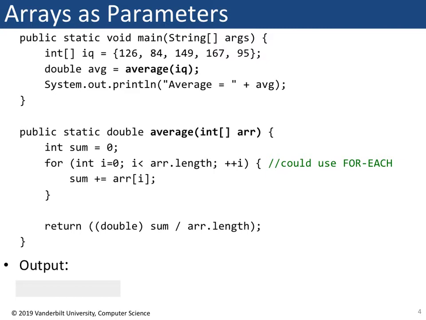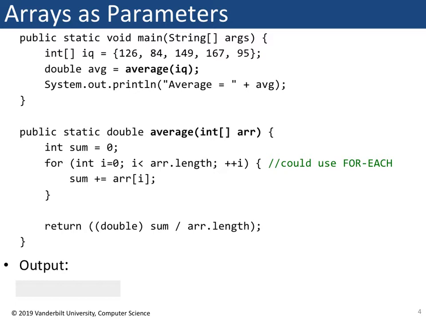In this case, that's a return statement, and it is an expression that will yield a double. So let's look at this expression. We have a cast and a division. Cast takes precedence over division, so we will change this sum to a double and then divide it by the integer array.length.